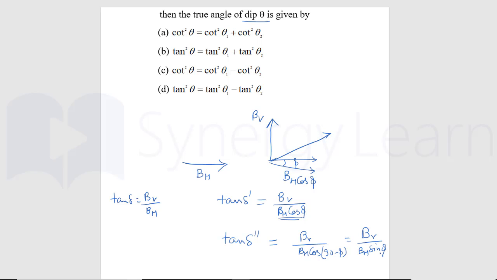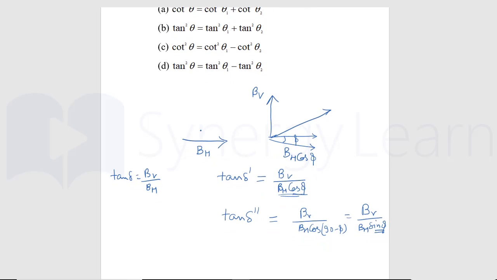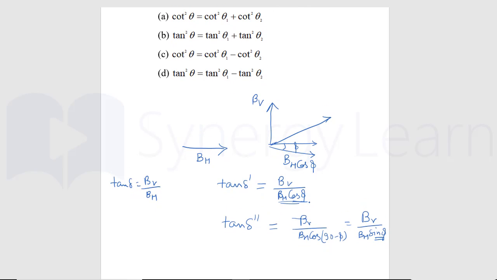We already know that in perpendicular planes, if one of the components is cos, then the other will be sin. So what we see here is the cos phi and sin phi come in the denominator. Now to get rid of cos and sin, we must take reciprocal and square them, because cos square phi plus sin square phi will be equal to 1.